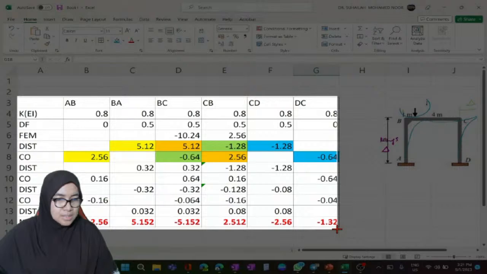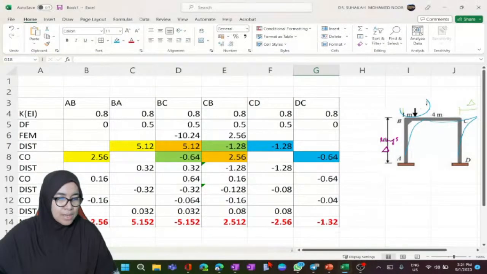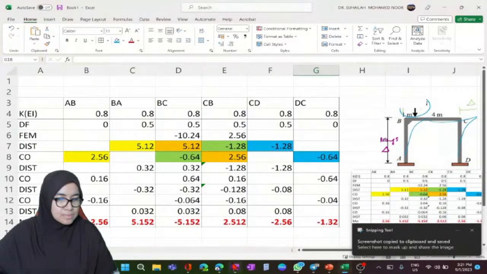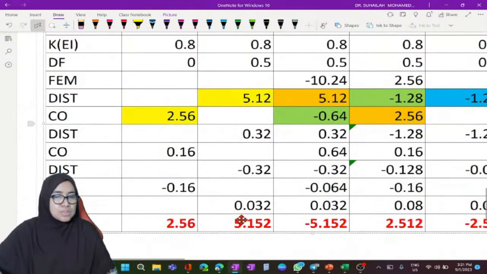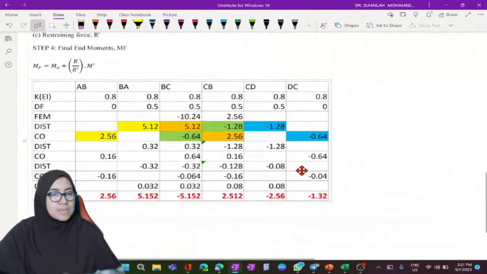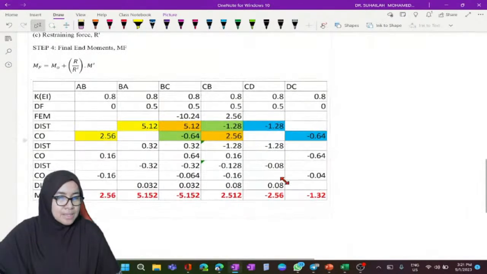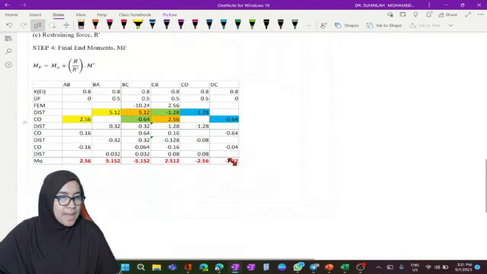So this is the table. This is table number 1. Table number 1, we get M naught.